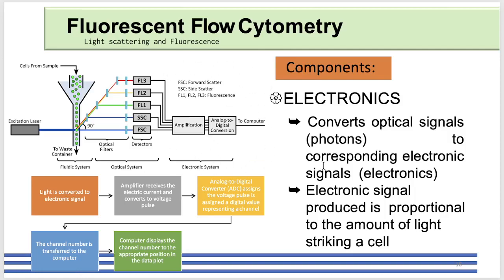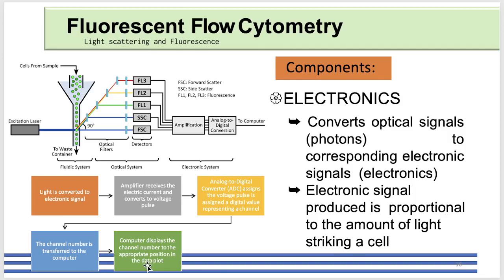Yung electronic system naman will convert your optical signals, your photons, to corresponding electronic signals. Your electronic signal produced is proportional to the amount of light striking a cell. Again, yung electronic signal natin na produce is proportional to the amount of light striking a cell.